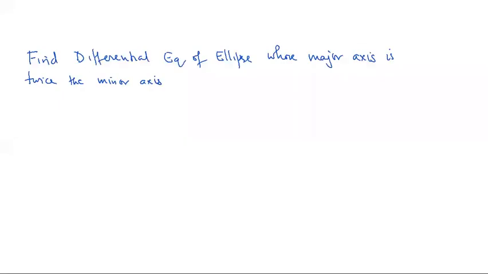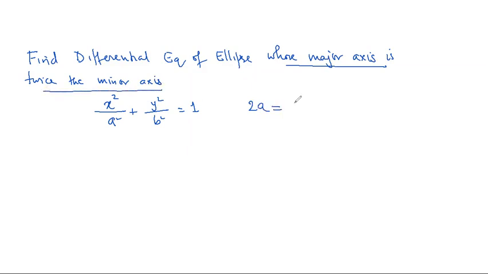The actual equation of an ellipse is x square upon a square plus y square upon b square equal to 1. But it is given that the major axis, which is 2a, is twice the minor axis.